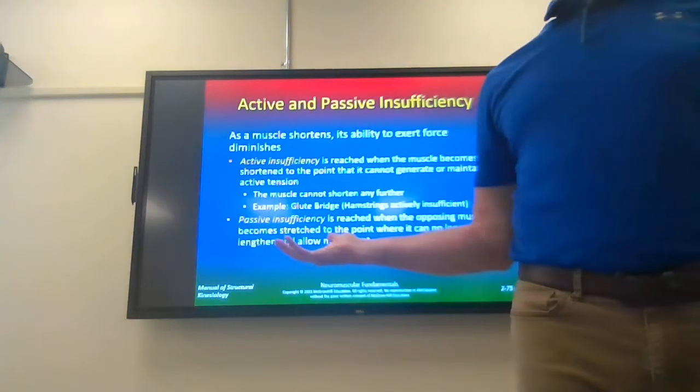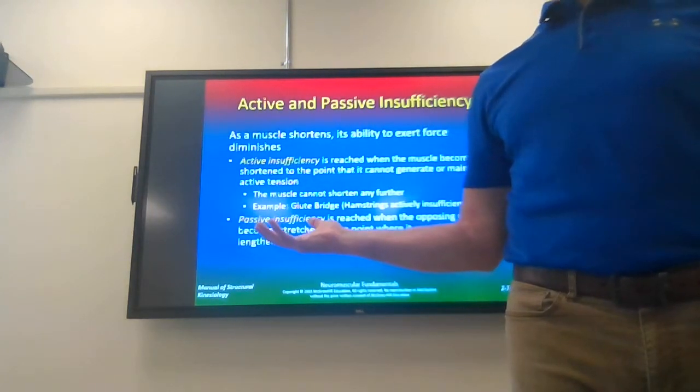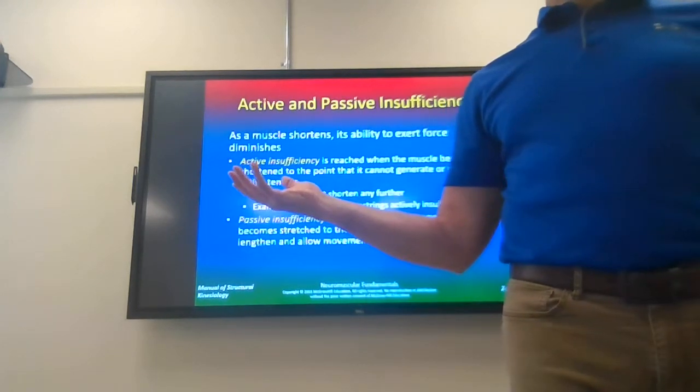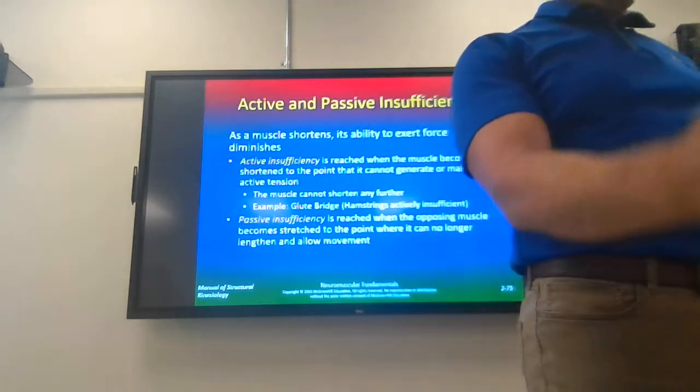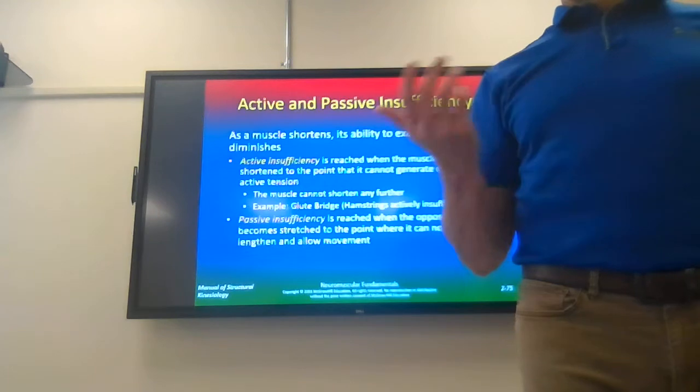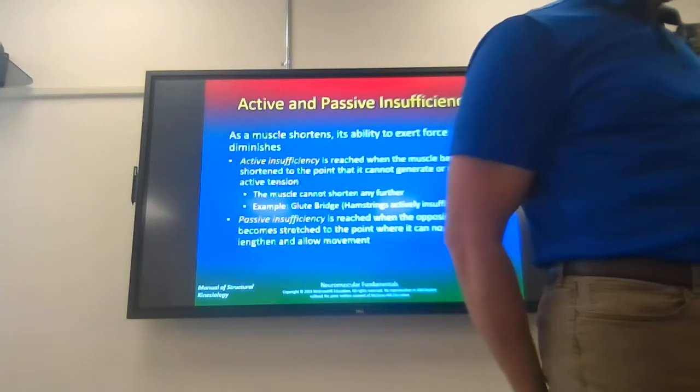You're lying on your back in a supine position, just like we did with the active straight leg raise test. What did you feel in the hamstrings the further up you raised your leg into flexion with the knee extended? There was more tension, right?